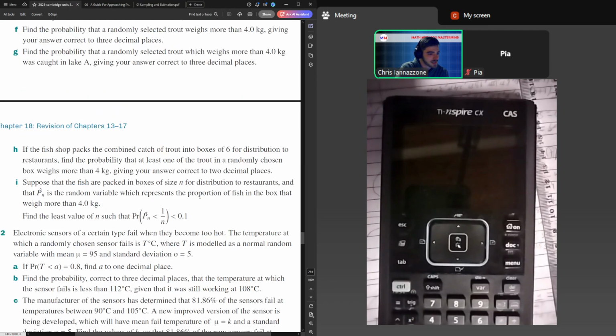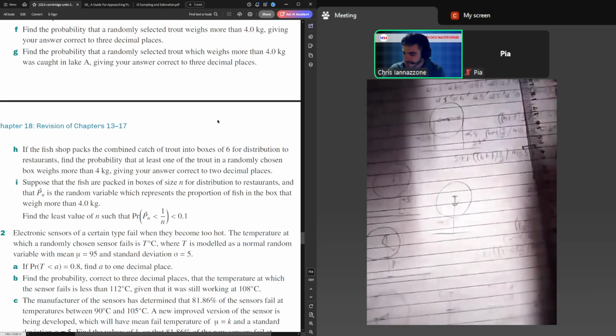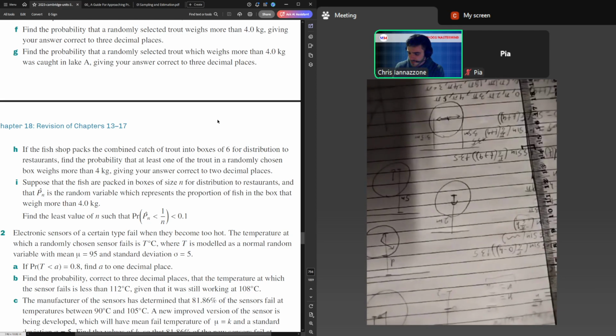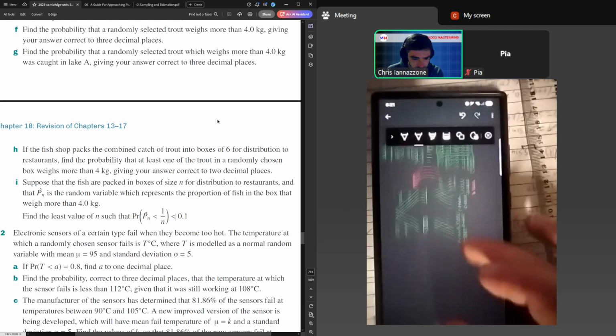So when we look at this one here, this whole p hat being less than 1 over n, that's a bit trickier. I'll try to show you what it looks like mathematically, and then I'll compare it to the previous one and it should make a bit more sense.